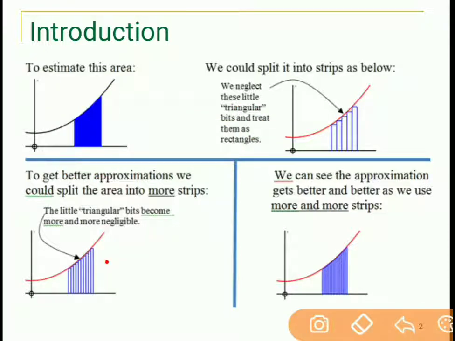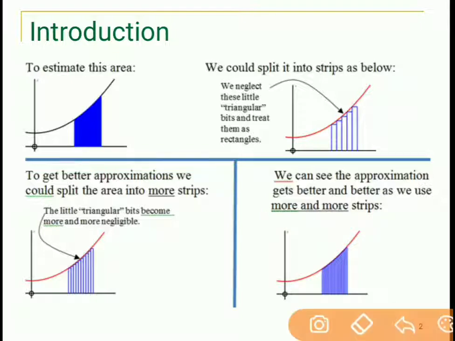Now in the second figure, the same bluish area is divided into more strips. And in the third figure, the number of strips has increased from the second. Then you can say that as we increase the number of strips, we approach the given area. So the conclusion is the approximation gets better and better as we use more and more rectangular strips.